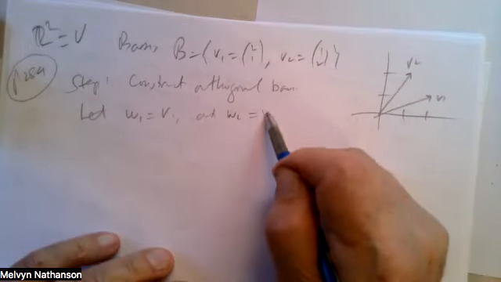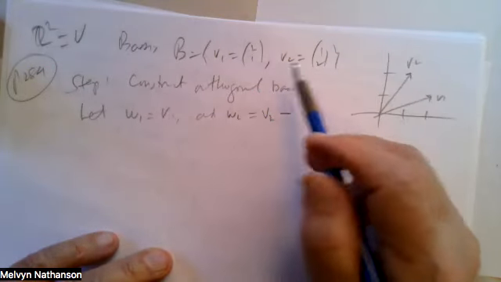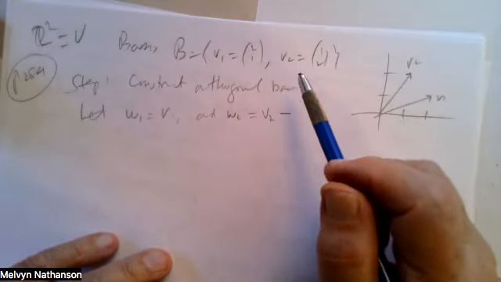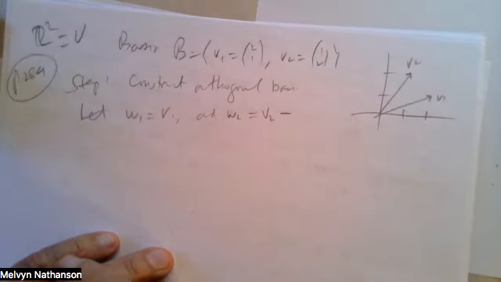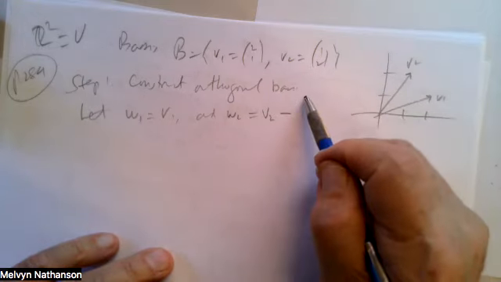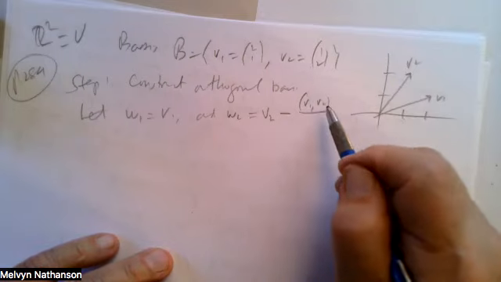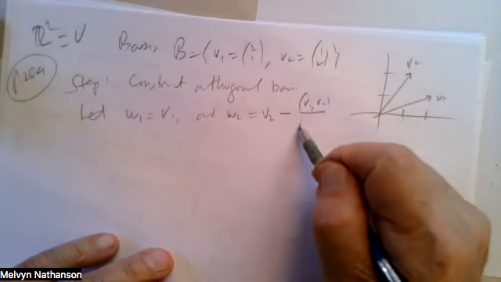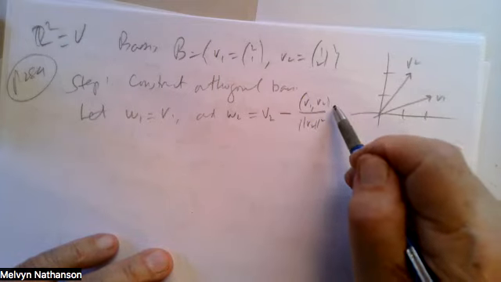It's going to be V2 minus the component of V2 in the direction of V1. So this is going to be minus the inner product of V1 and V2 divided by the length of V1 squared times V1.